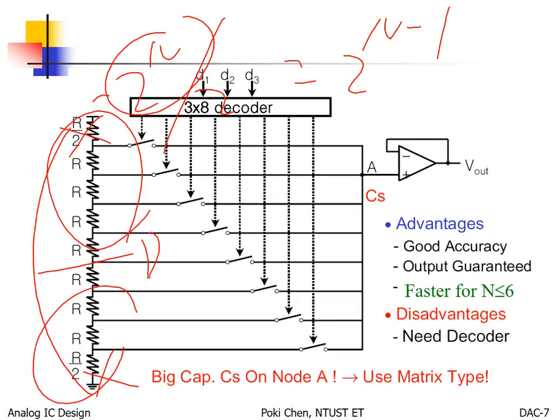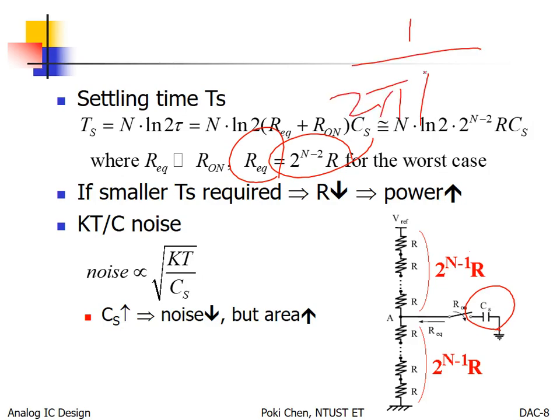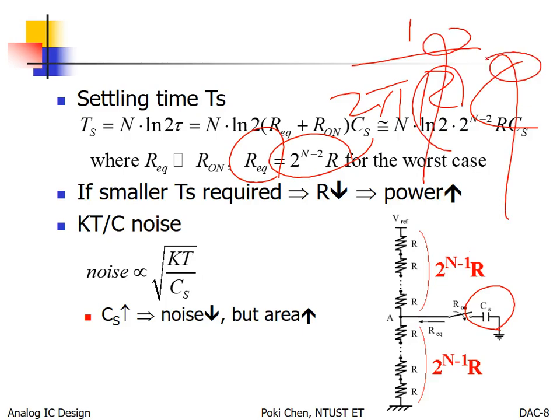The overall resistance is divided further by 2. This is the reason why you get this. And you have R and C. The frequency is usually 1 over RC. That one is so large, so the operation frequency will be limited.